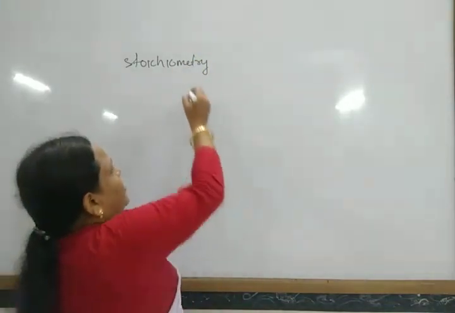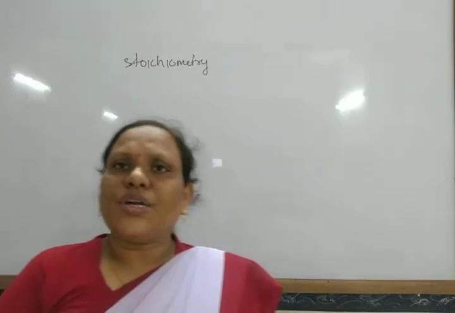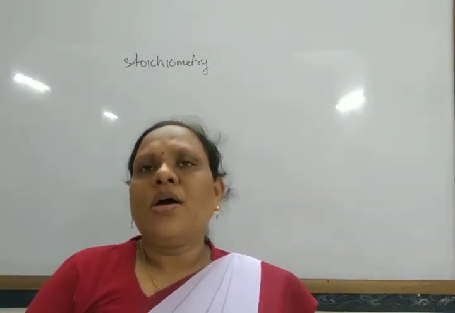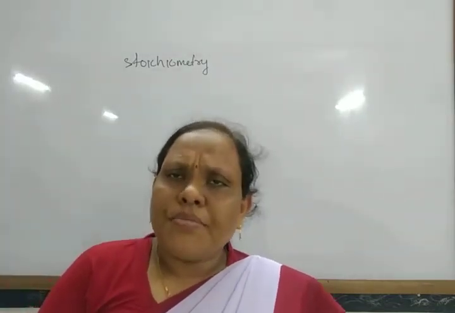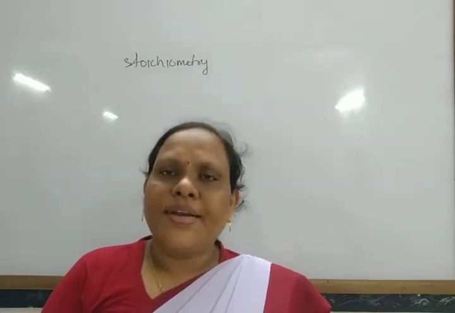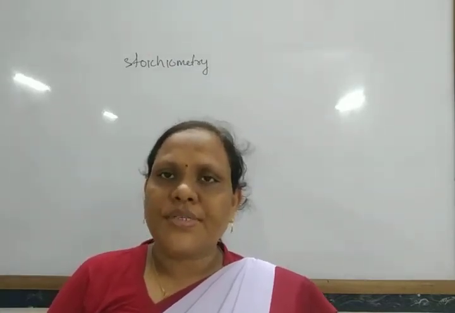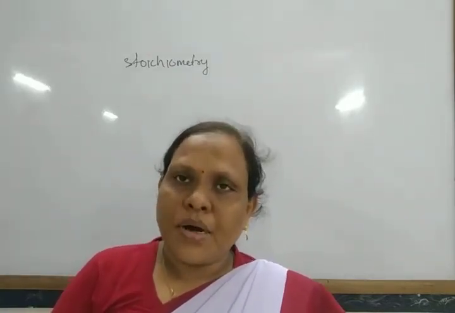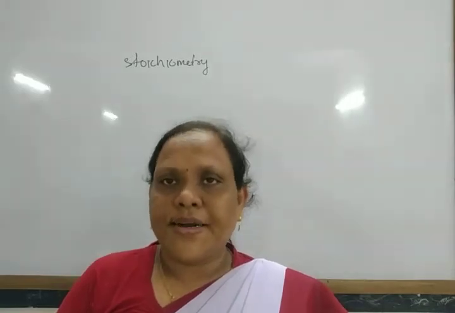Metry means measurement, stoichion means ratio. So it is the ratio measurement of different molecules, compounds, elements, etc.